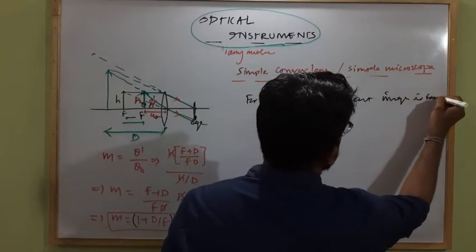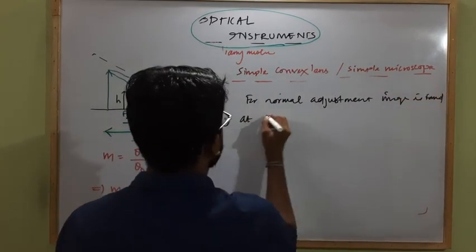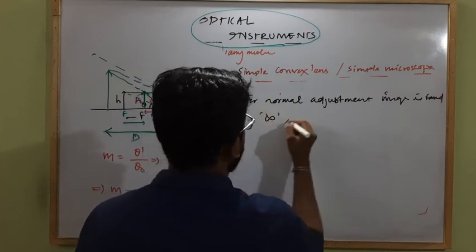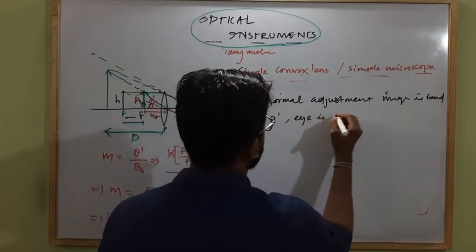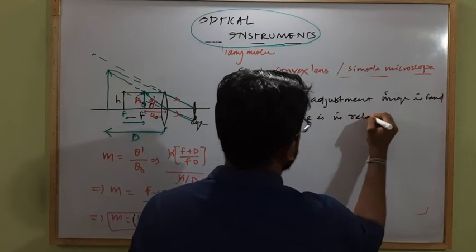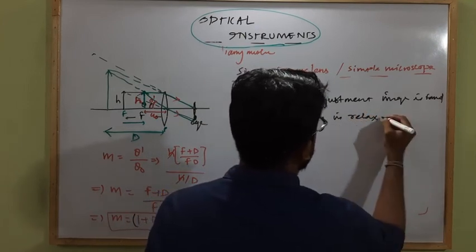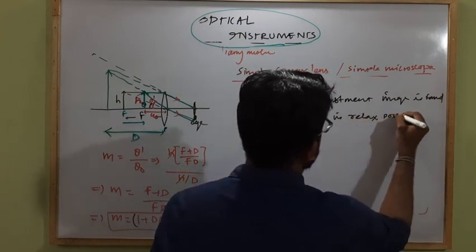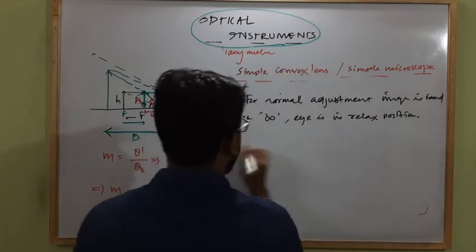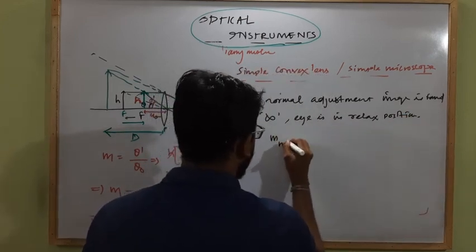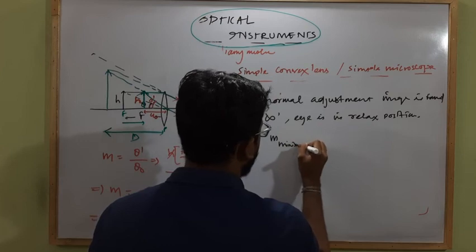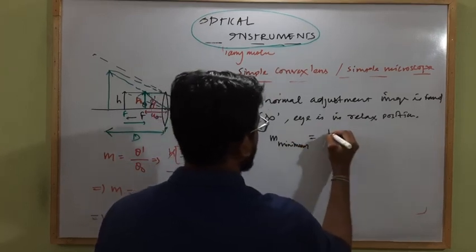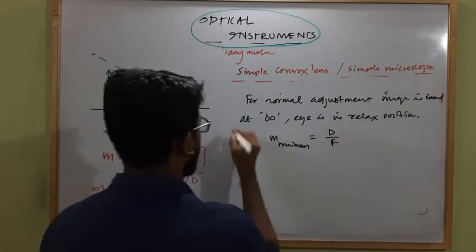Image is formed at infinity, eye is in relaxed position, and the magnification is minimum, which is equal to d by f.